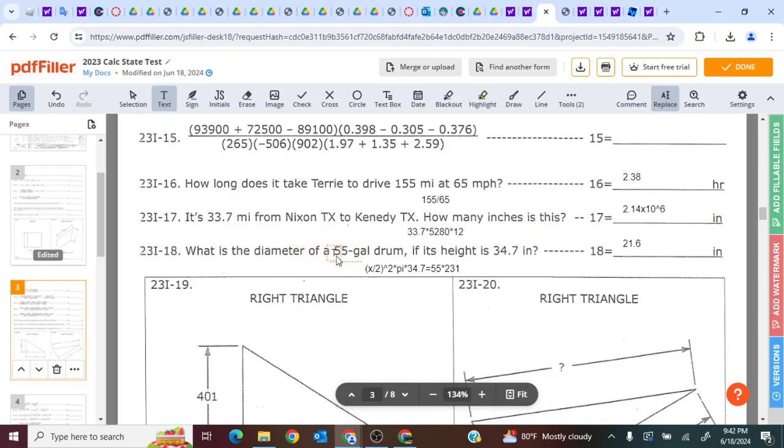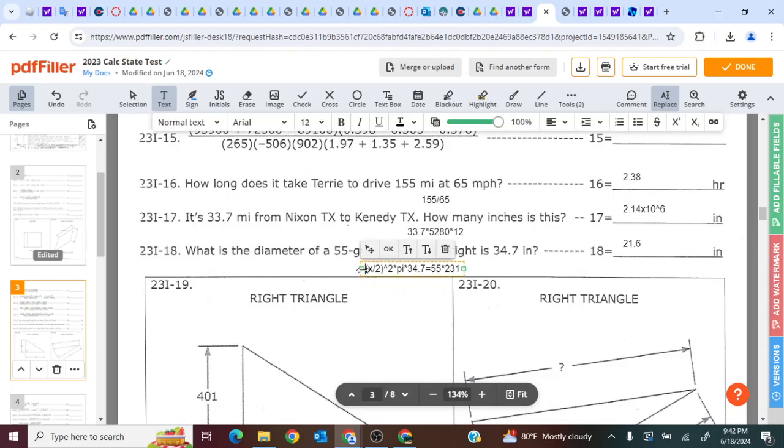18 was the diameter of a 55-gallon drum if the height is that tall. Well, a drum is a cylinder, so the volume of a cylinder is radius, or in this case, the diameter over 2, squared times pi times your height. And that value is equal to this many cubic inches.